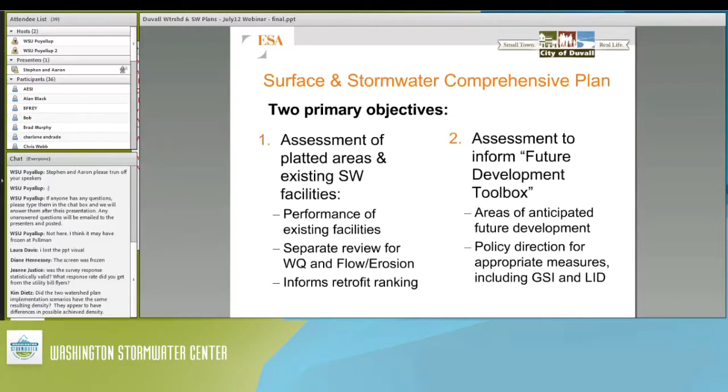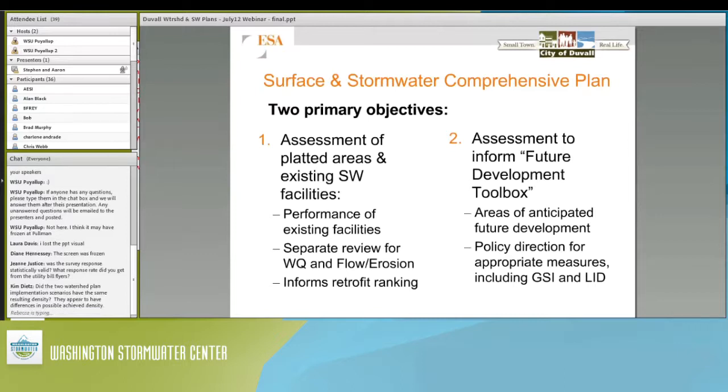There are two primary objectives: looking at both existing platted areas and the existing stormwater facilities within those areas, and then also looking at areas of the city where future development is occurring or expected to occur, so some of the less developed areas and the urban growth areas.